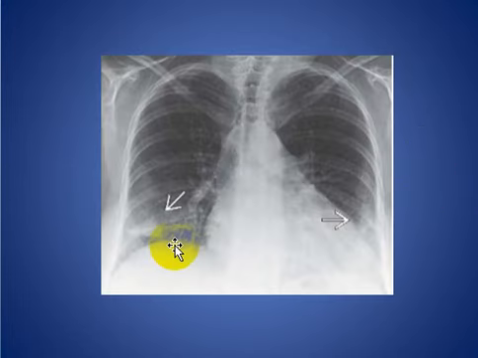Here we see a patient with chest X-ray with bilateral peripheral consolidation of both lower lobes, a little bit more to the left side, with history of shortness of breath in a patient with eosinophilic pneumonia.